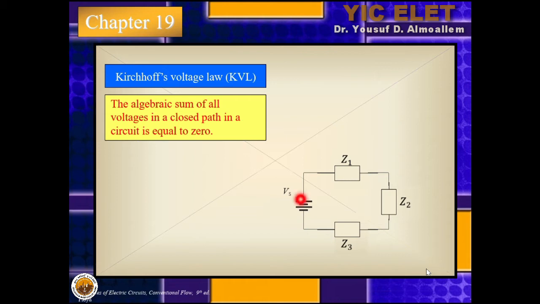So if you sum the voltages across this loop, the summation will be equal to 0. If we start from here, it will be minus Vs plus V1 plus V2 plus V3 equal to 0. So this is basically the KVL. And now we're talking about complex numbers.